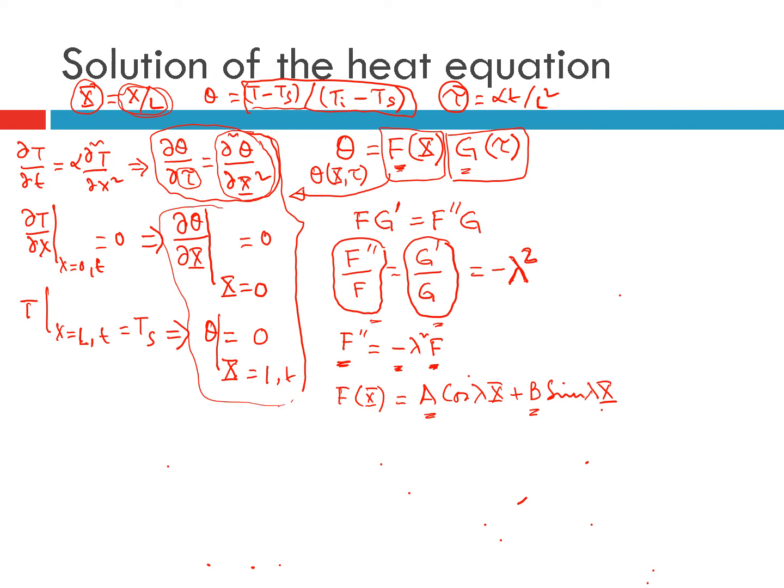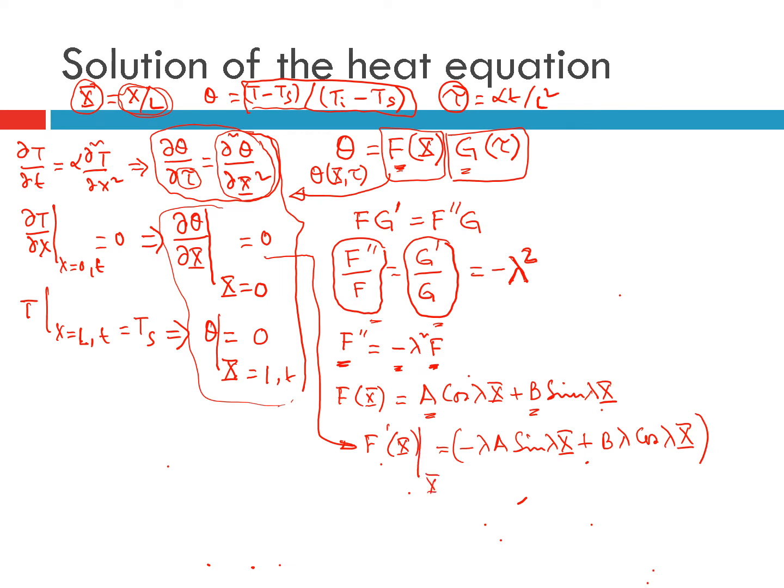So if I use the first one, then f prime of X equals minus lambda a sine lambda X plus b lambda cosine lambda X, and this at X equal to 0 is equal to 0.